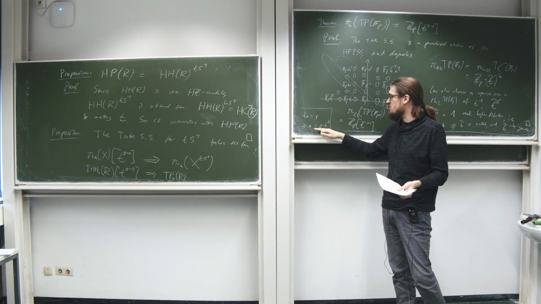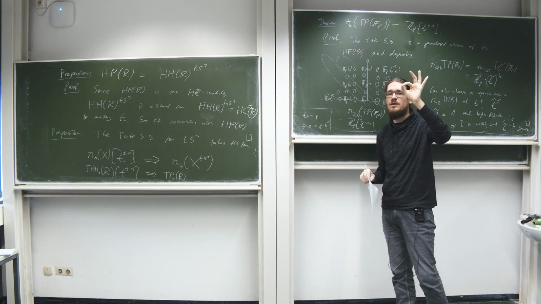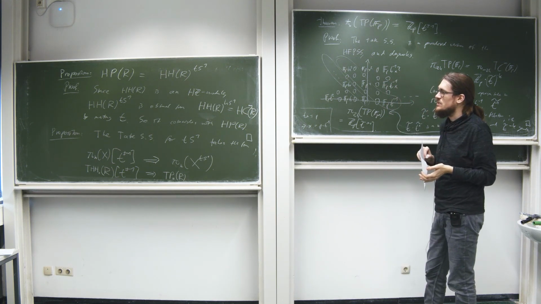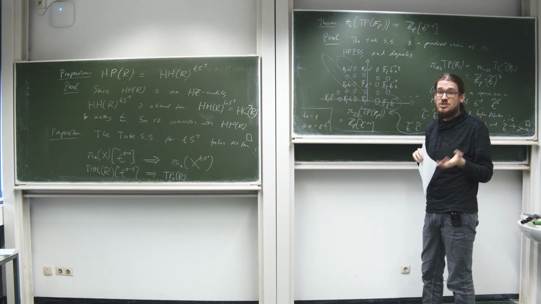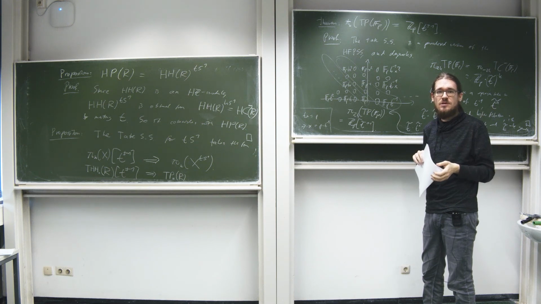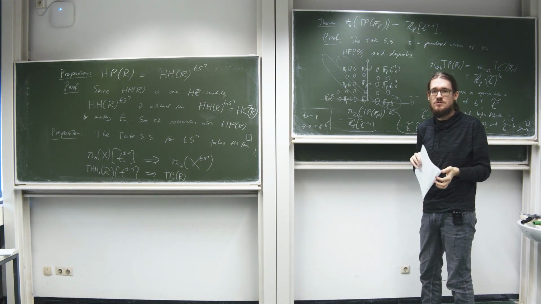In positive degrees, it's multiplication by p to the k in degree 2k. And we'll see when we talk about TC that there's another map from TC minus to Tp. And it's the interplay of this canonical map and the other map that gives rise to TC.